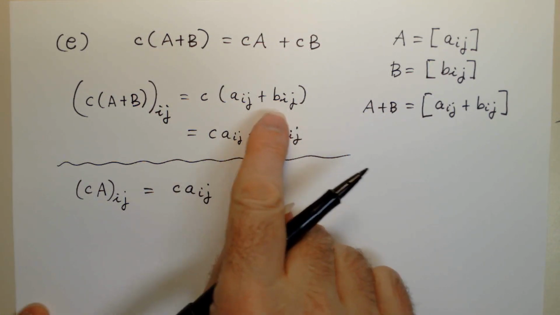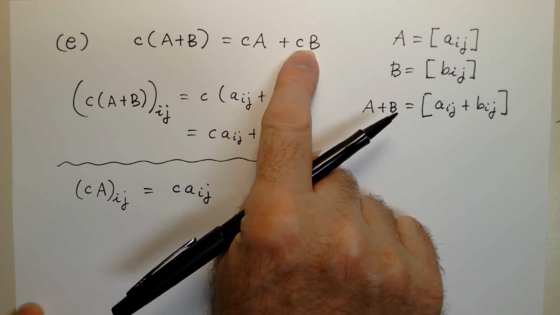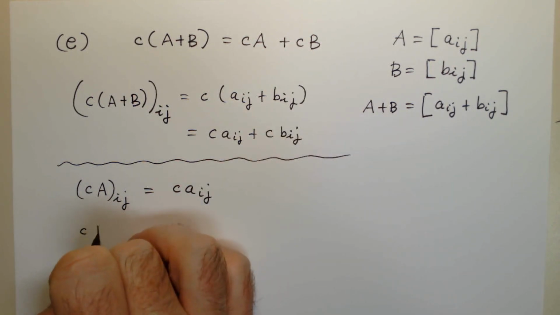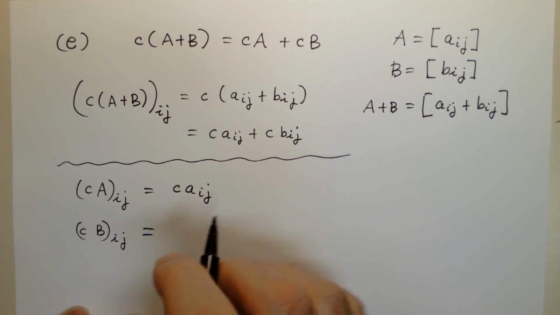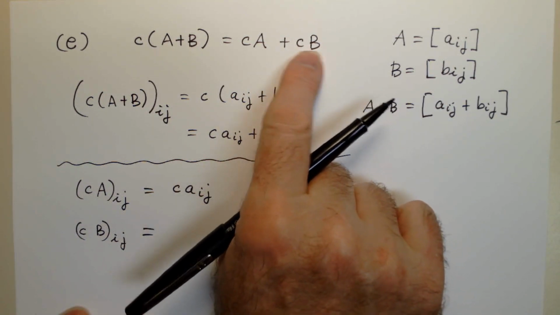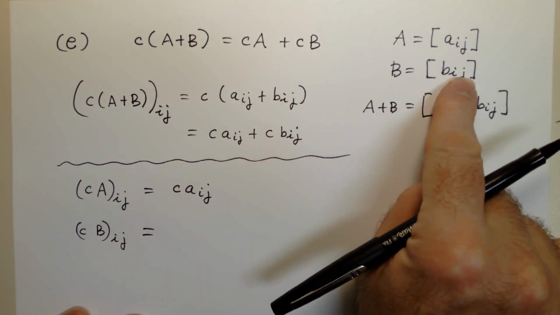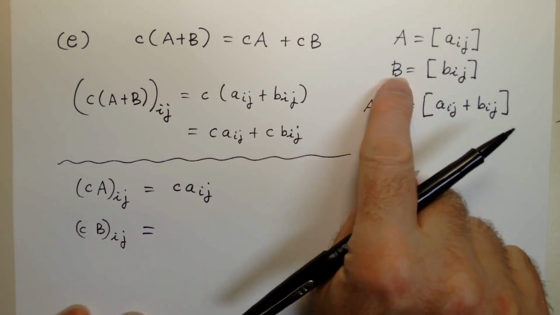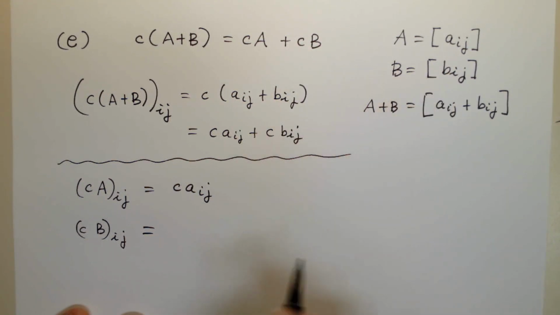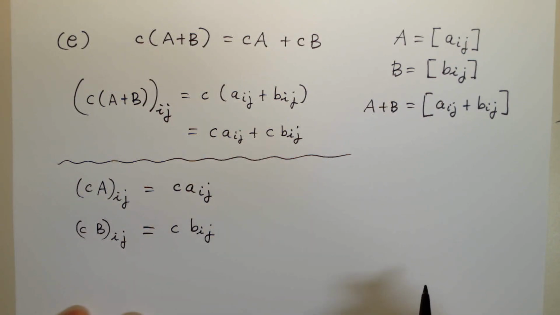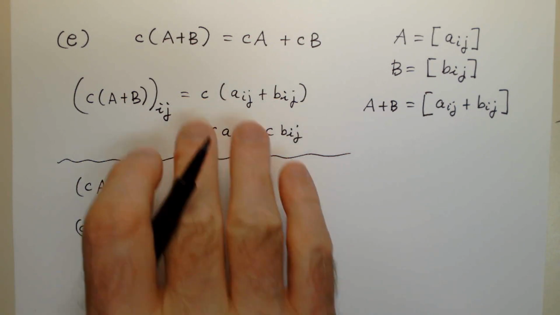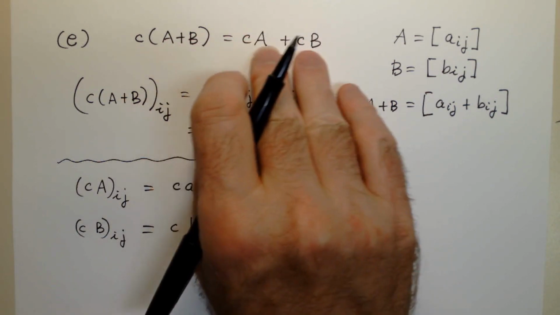And we could ask the same question about this matrix. Right? What is its ij entry? But again, by the scaling law, when I scale a matrix by C, it scales all the entries by C. So the ij entry of C times B is simply going to be C times the entry in row I and column J of B. So we get that. Now, what is the ij entry of this matrix sum now?